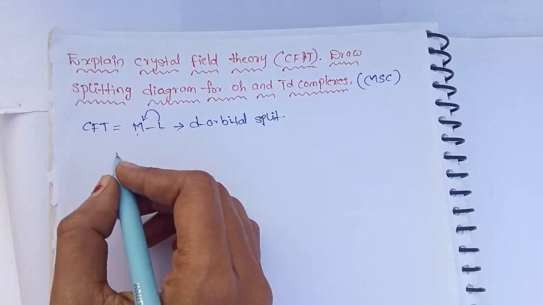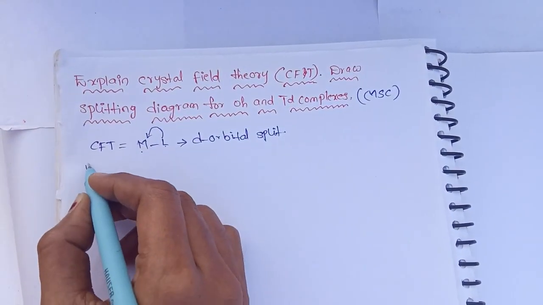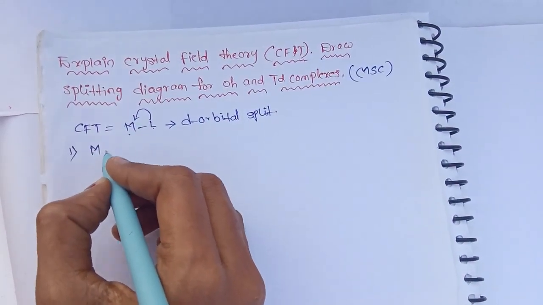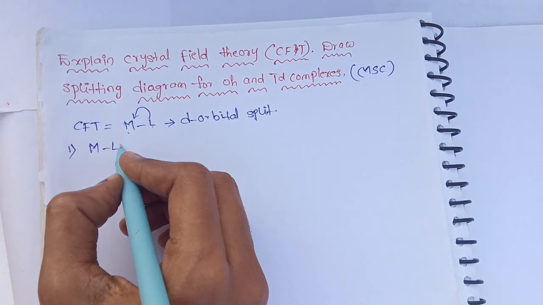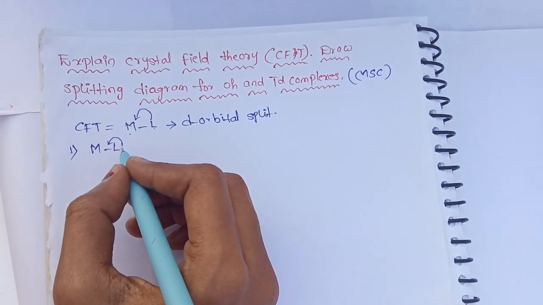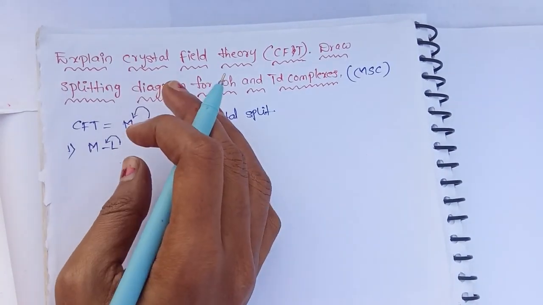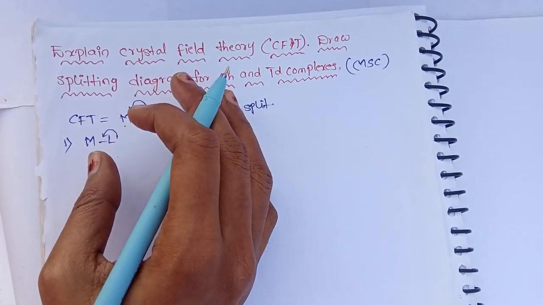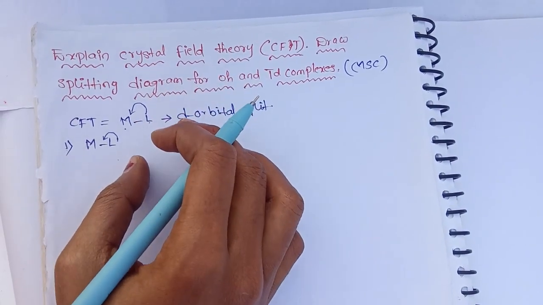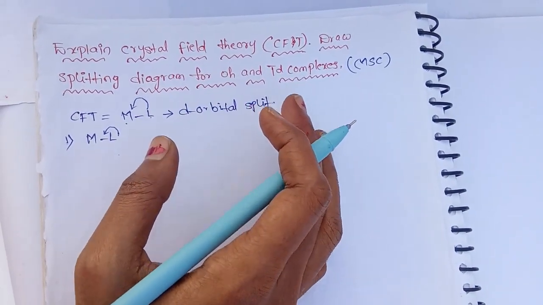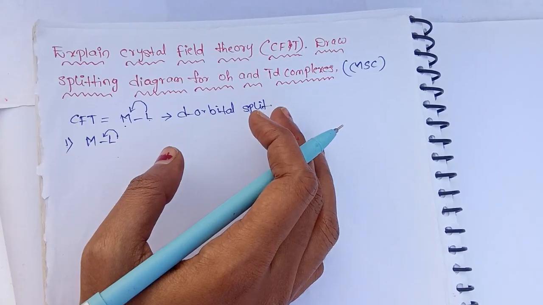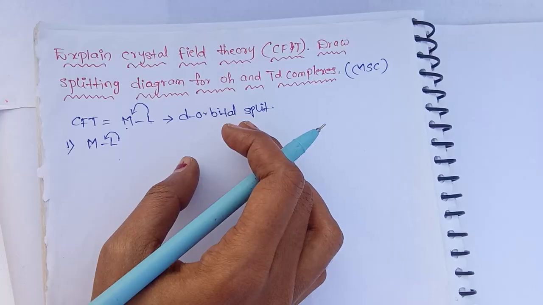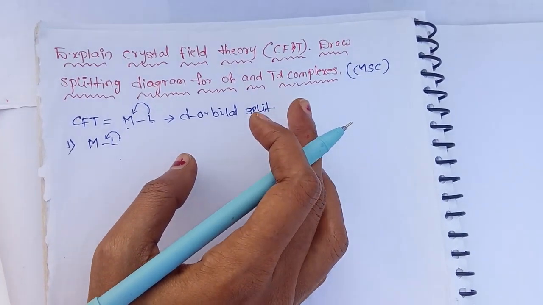The first key point is the metal and ligand: when the ligand comes to the central metal atom, all d orbital energy levels are not equal. So the d orbitals will split into T2g and Eg orbitals.